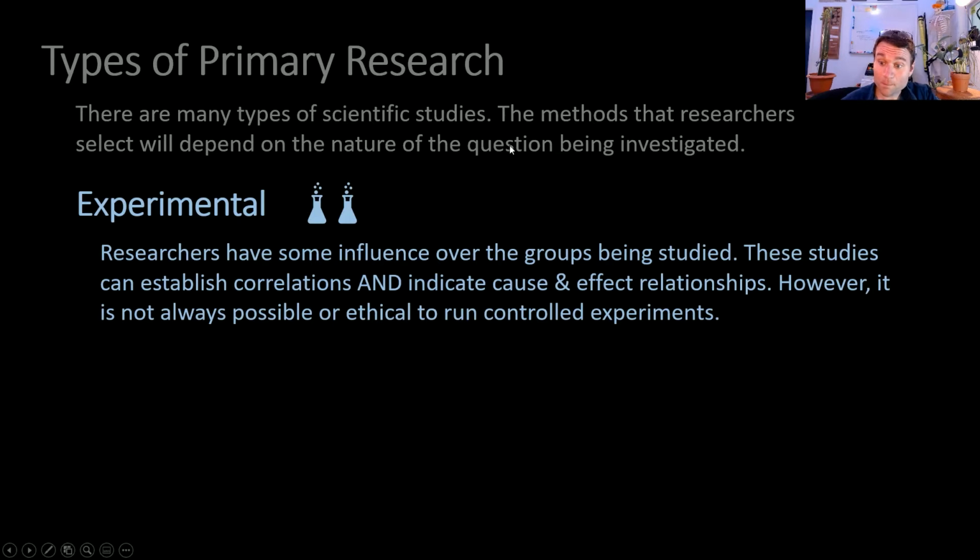So experimental evidence is really what we want, ideally, in all circumstances, but you can't always have it because it's not always feasible or ethical to run controlled experiments in all situations.